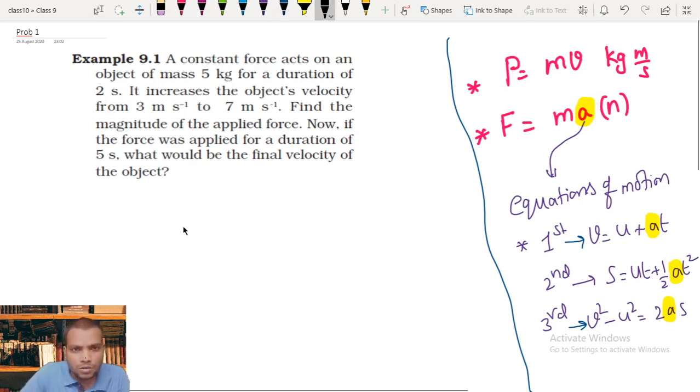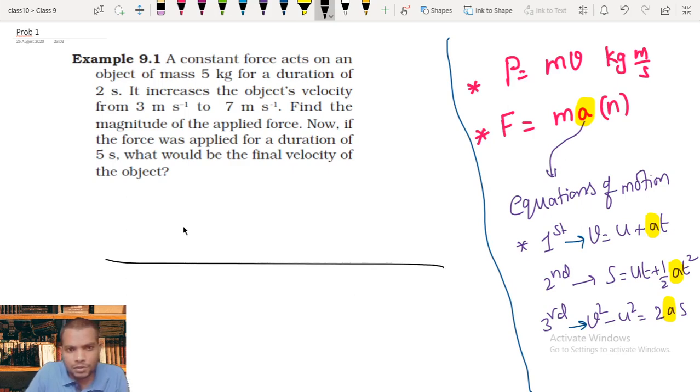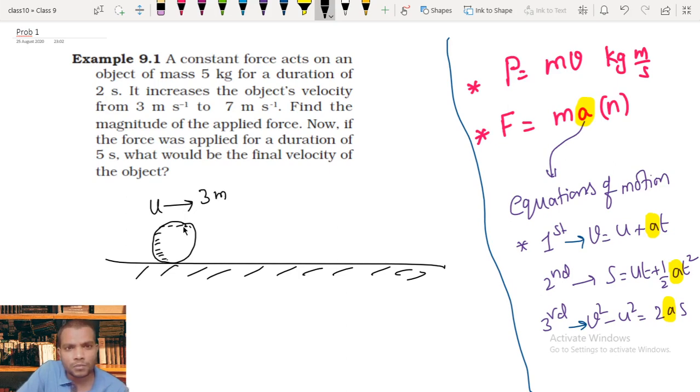Let me draw one diagram. Suppose this is the ground, and this is my object, which is already in motion. It has an initial velocity, moving along this direction. The initial velocity is given as 3 meter per second.